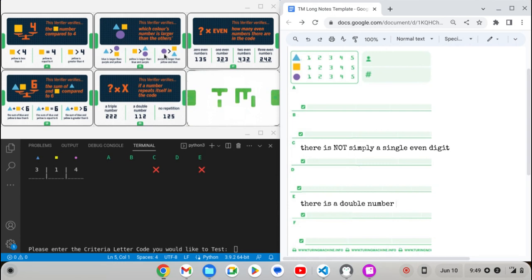So it seems to me that perhaps, I guess, okay, I guess I'm going to test criteria card D.